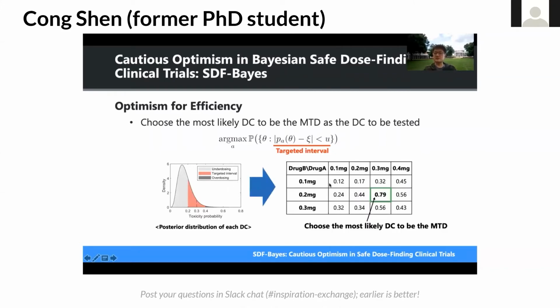That's going to give us the choice of the next DC to be tested. So in this particular example, after doing this evaluation, we realize that the probability of this particular combination, this DC, is the largest based on the current estimation of theta and based on the threshold psi and the u. And we're going to try to test this DC next. So this is purely based on optimism. Again, we are trying to improve the efficiency. We want to be very efficient in terms of getting to the MTD as quickly as possible.